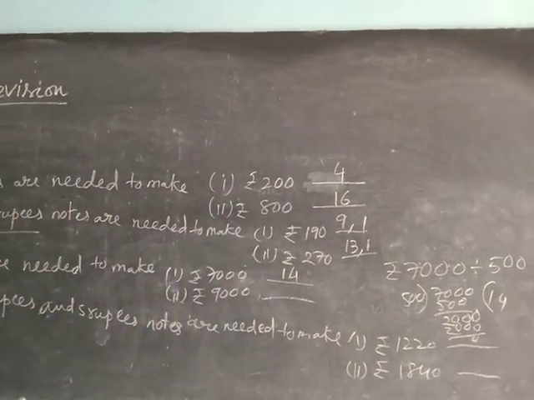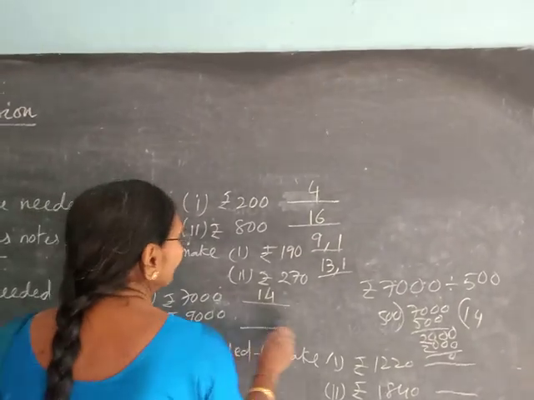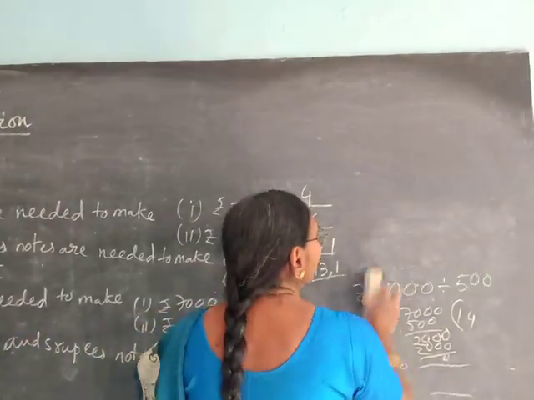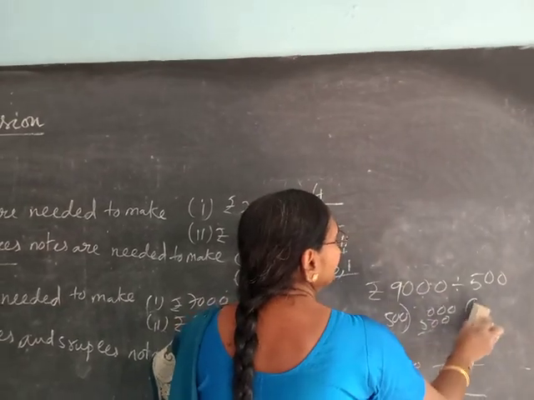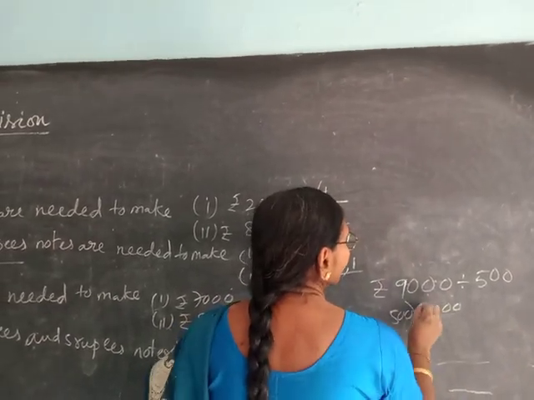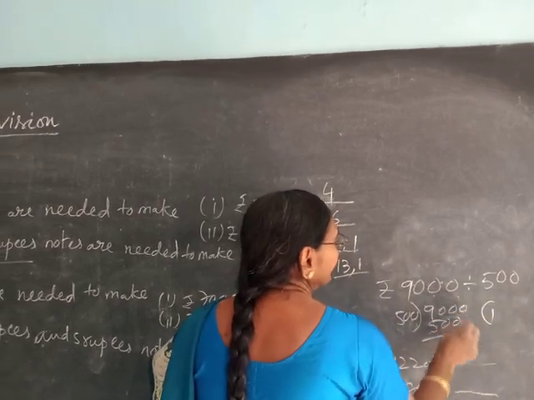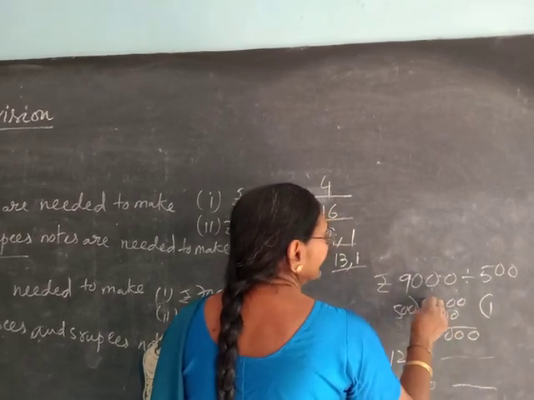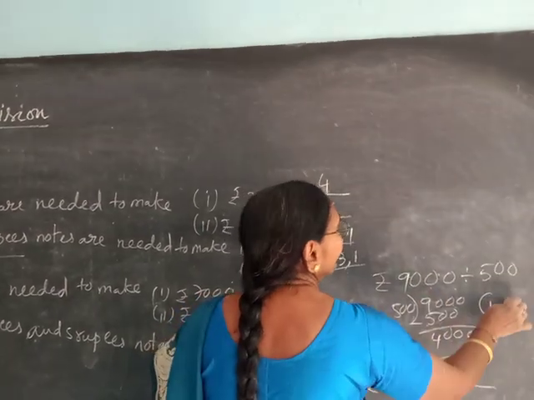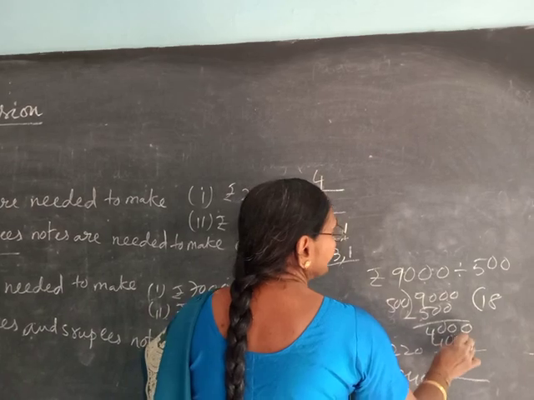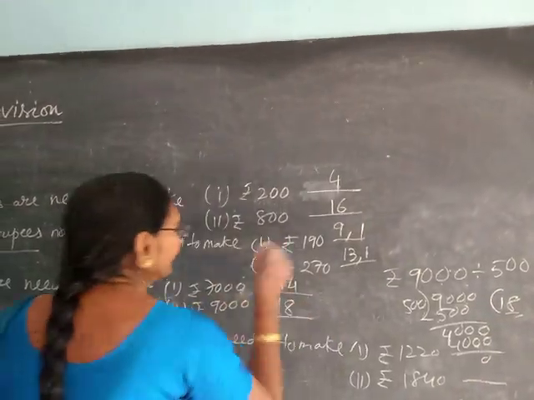So 40 notes of 500 rupees are needed to make 7,000 rupees. Then 9,000 rupees, here you have to divide 9,000 by 500. 9 minus 5 is equal to 4. Then 5 8s are 40. 2 zeros are there. So 18 notes needed.